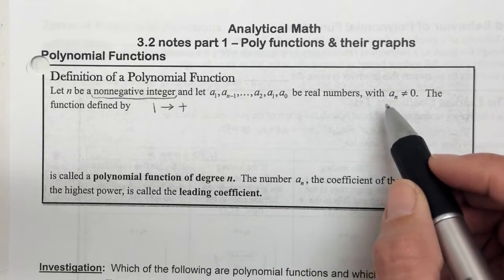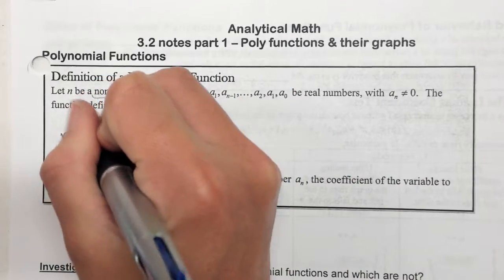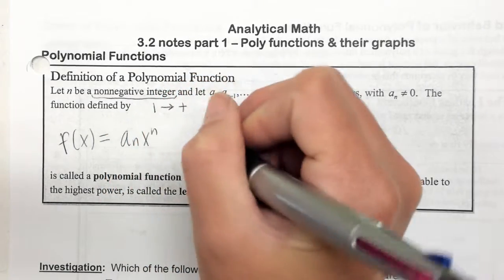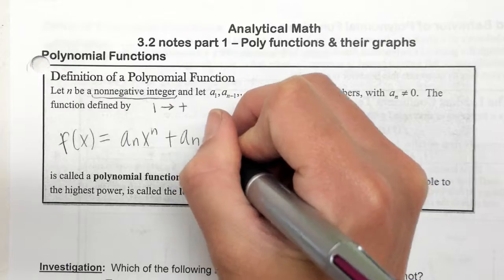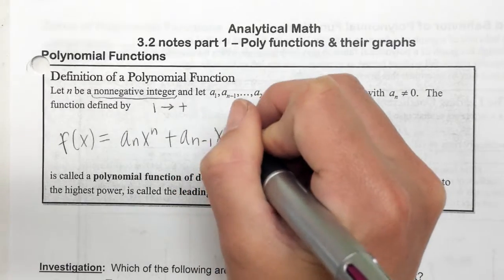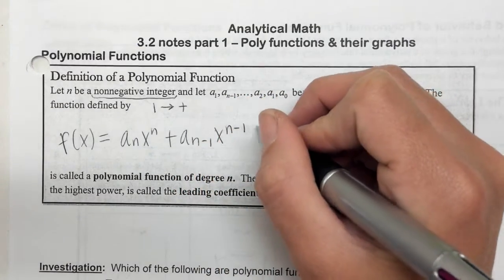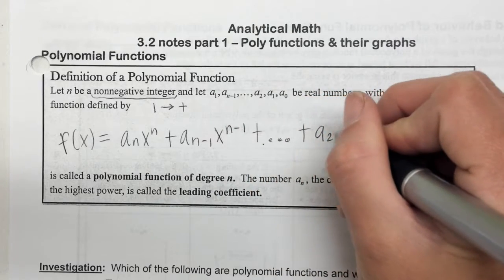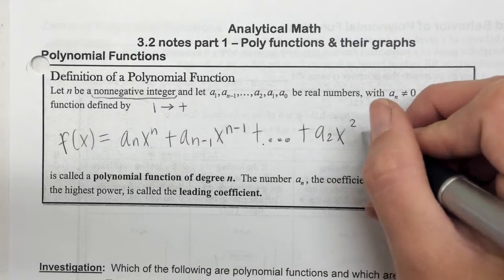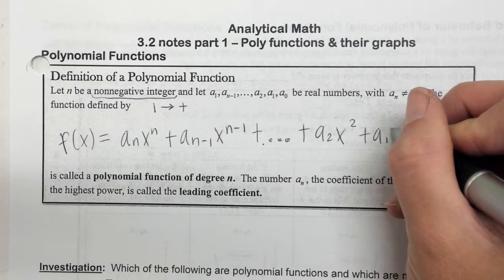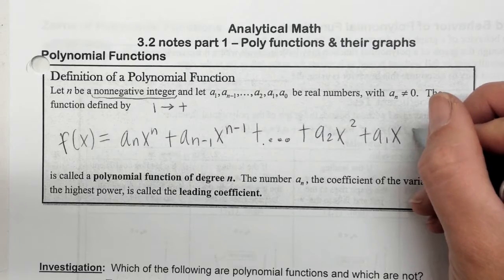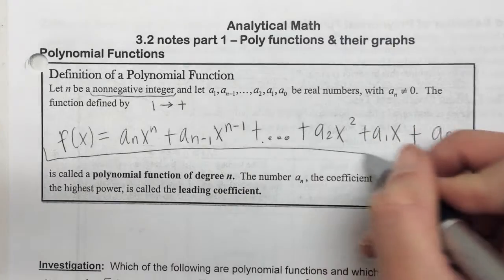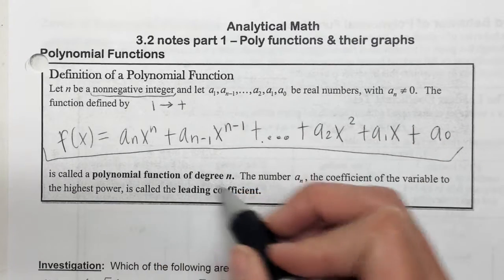So here's what the function is defined by. f of x equals an x to the n plus an minus 1 x to the n minus 1 plus, and it goes on forever, a2 x squared plus a1 x to the first power, but we don't have to put it, and then plus a0. So this is called a polynomial function of degree n.